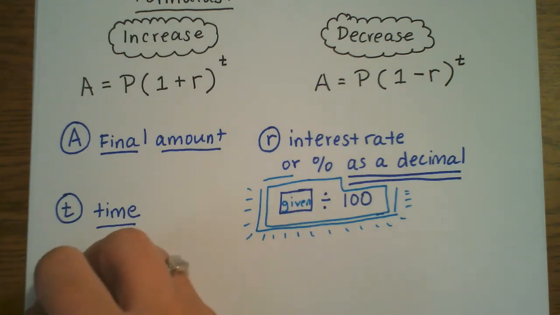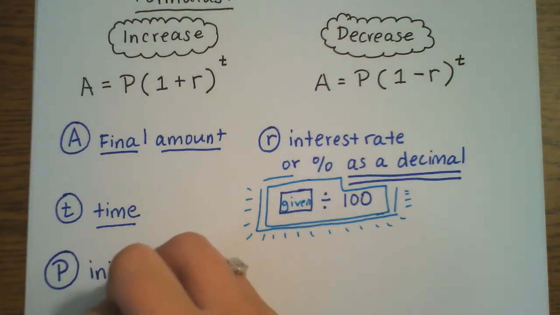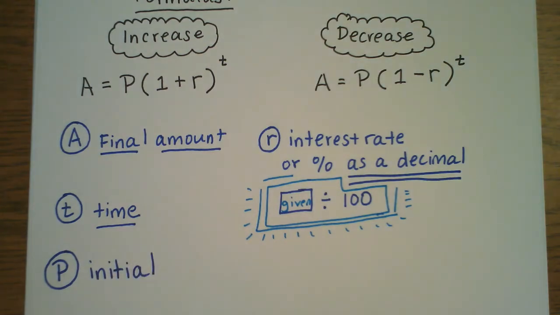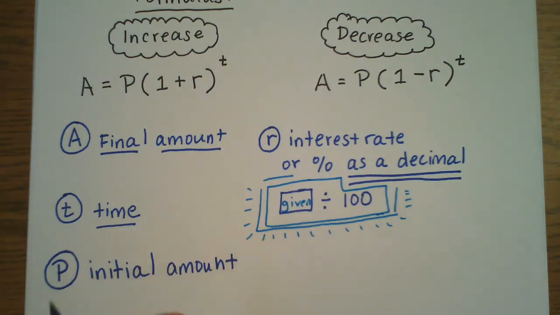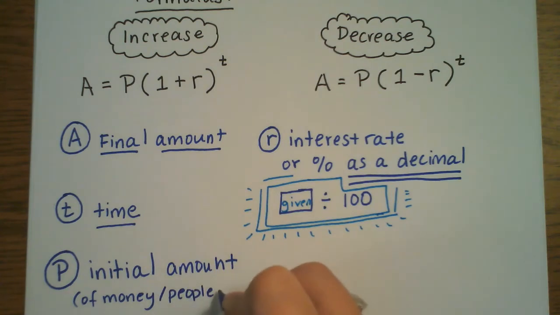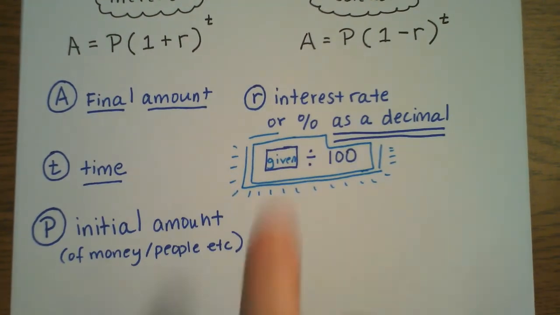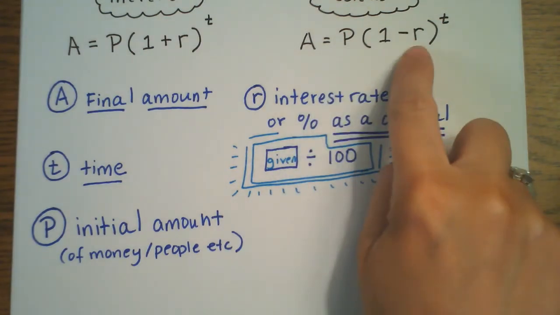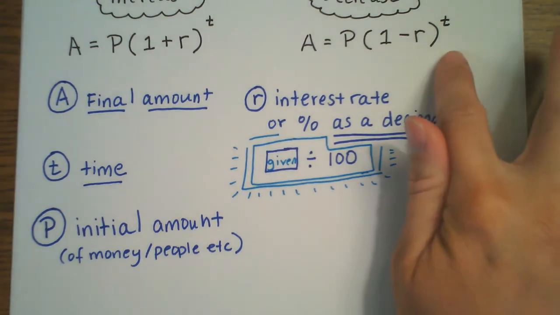P is the initial amount of money or people, etc. So basically, we'll be plugging in for P, R, and T, and using a calculator or Desmos or whatever to give us the answer.